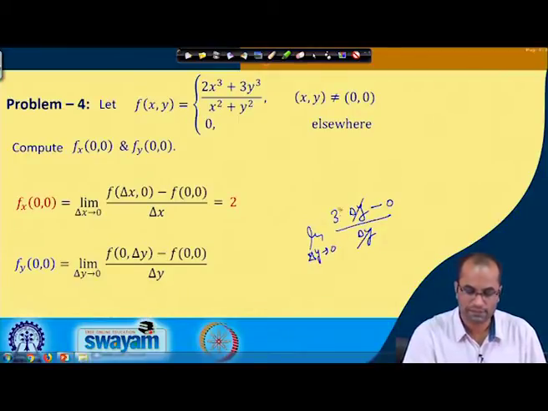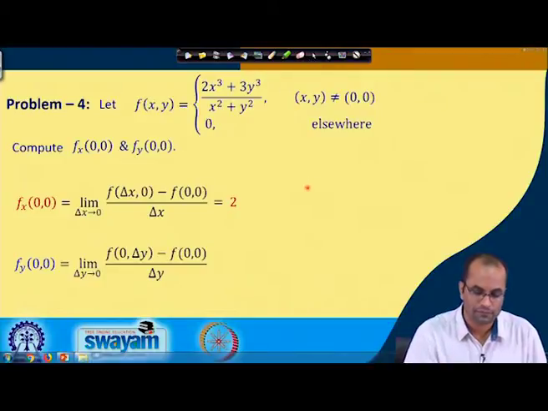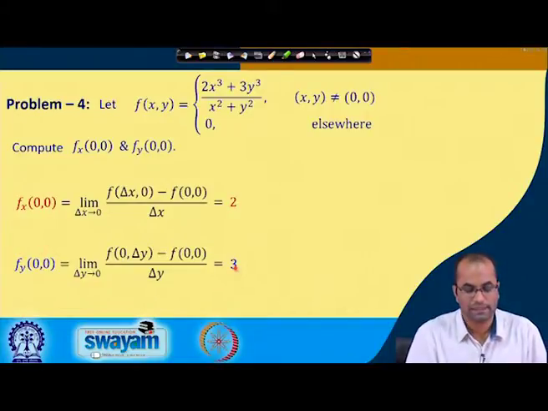So, this gets cancelled and you will get this value as 3. So, we have the partial derivative with respect to x as 2, and the partial derivative of f with respect to y as 3.